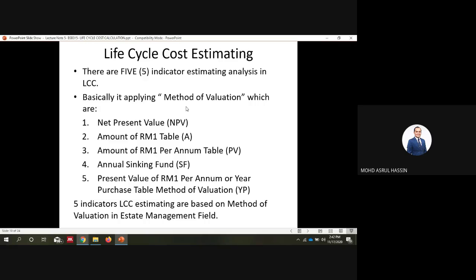For example, you keep your money in what we call the ASB. After 10 years, every year you keep your money about 100 ringgit. So in the 10 years you can calculate how much profit you can get.